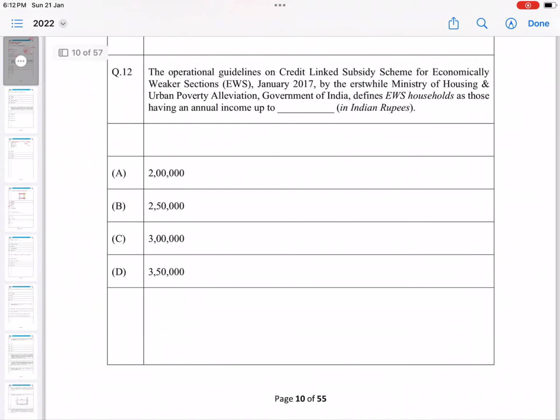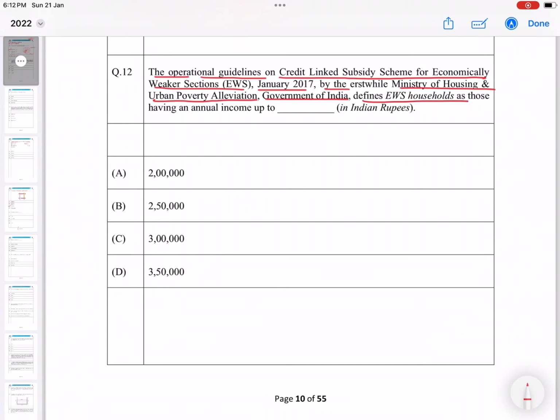And question number 12: the operational guidelines on the Credit Linked Subsidy Scheme for the Economically Weaker Section, EWS, by the Ministry of Housing and Urban Poverty Alleviation. The Government of India defines an EWS household as having an annual income up to?